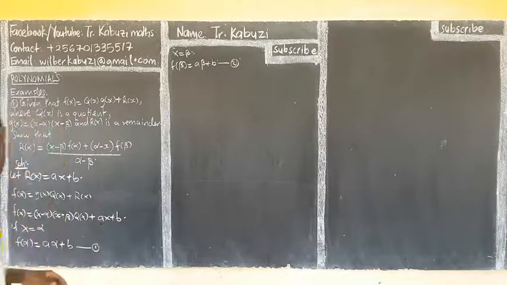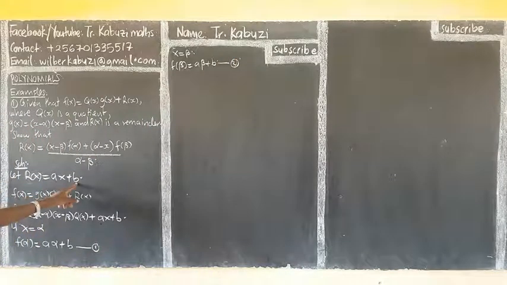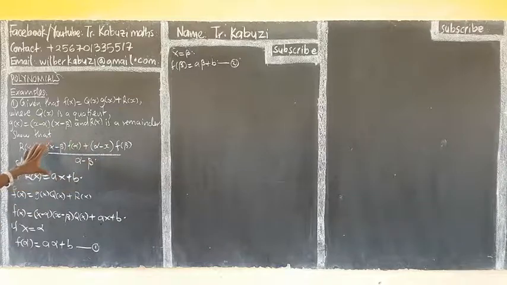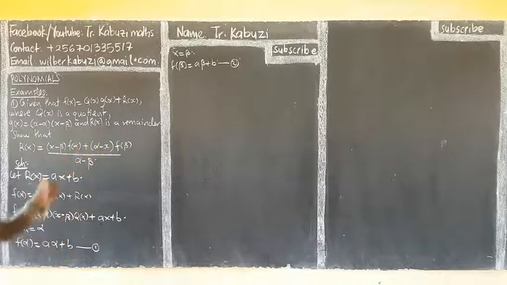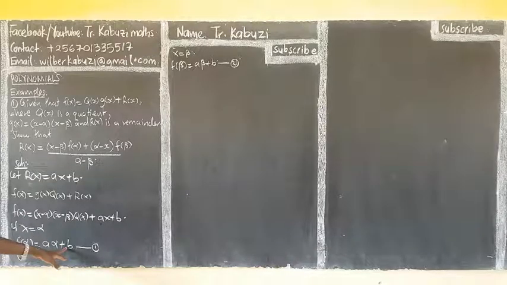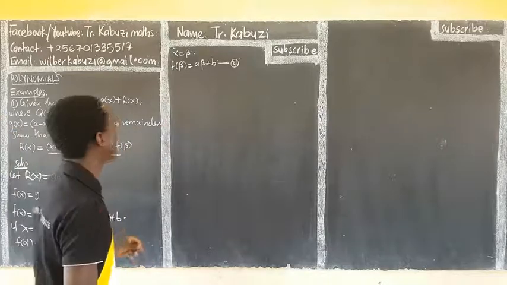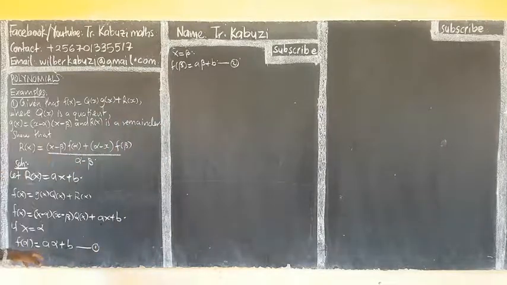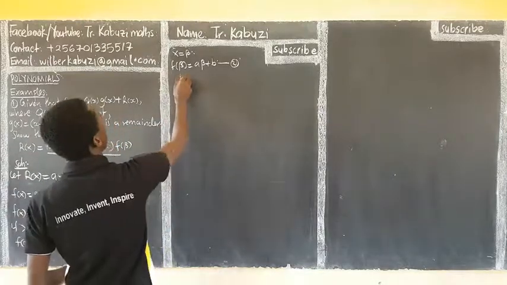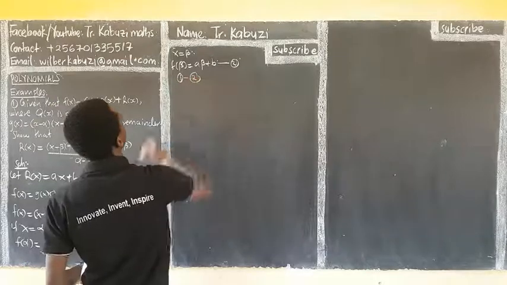Now I need to eliminate to get the value of a and the value of b, because in my proof you don't see anything like a and b. So I have this and I have that one, so that we can eliminate b, because it has coefficient 1 here and coefficient 1 here. We are going to say equation 1 minus equation 2.